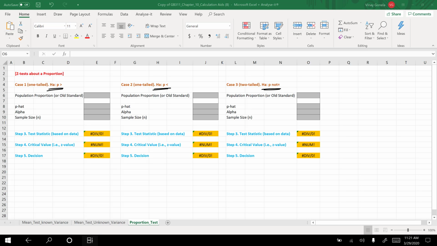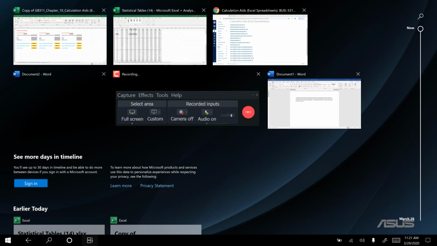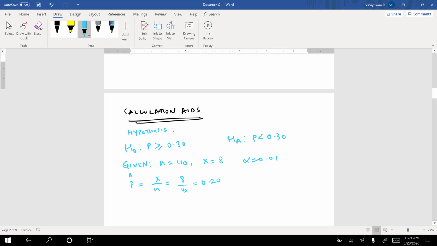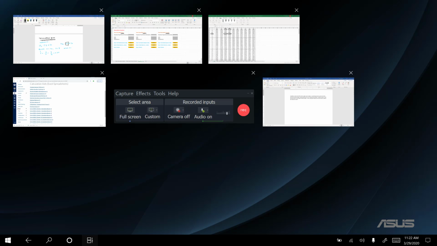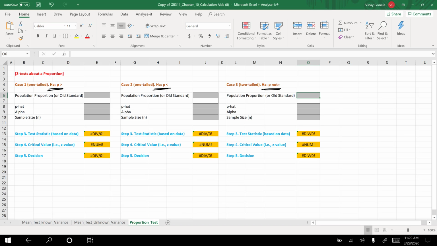So I will try to select which case needs to be selected. I will go to our problem and look at how the alternative looks. Our alternative is p less than. So I will go to our sheet and look for p less than, so that is this part.